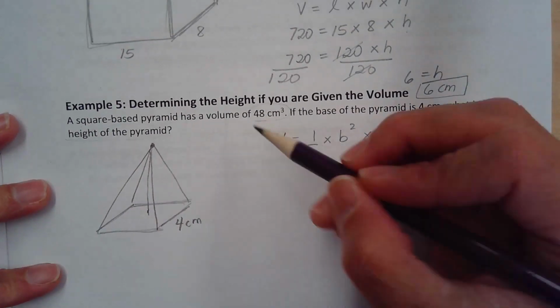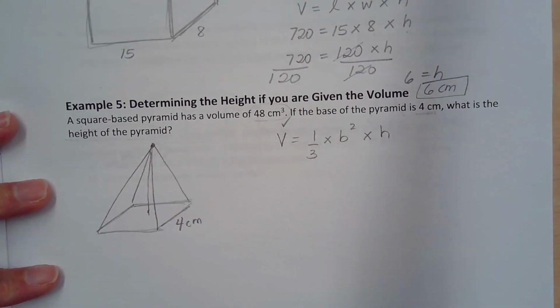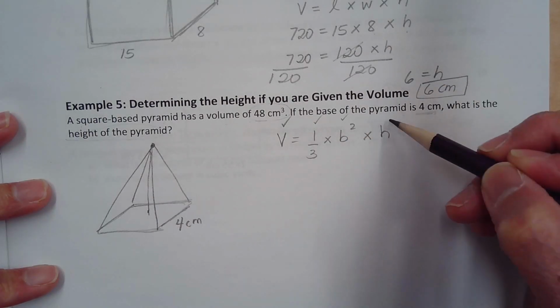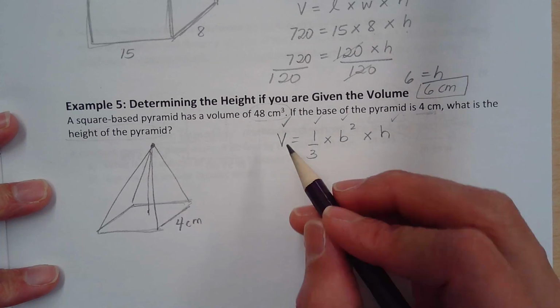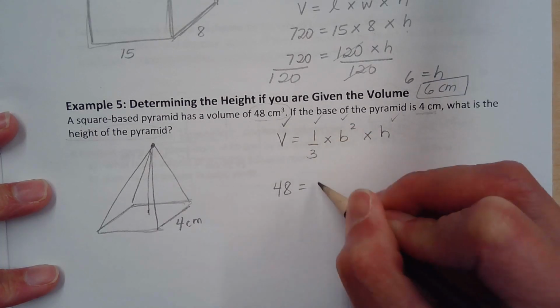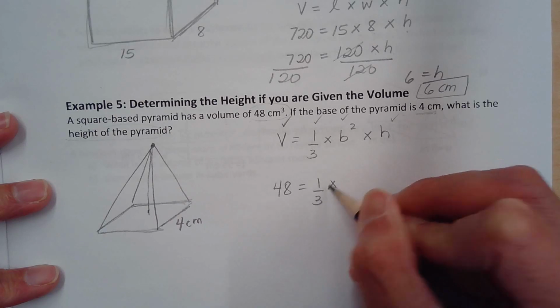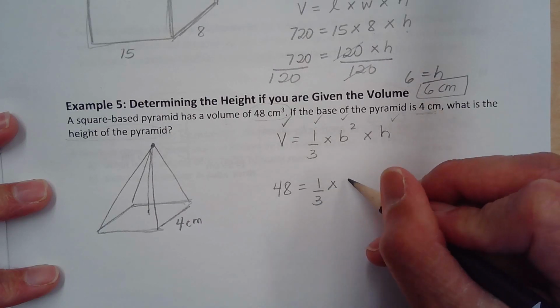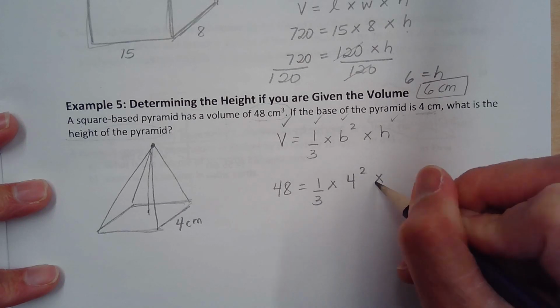So what do we know? Well, we know the V, we know the volume, we know 1/3, we know the B, we just need the H. Okay, so let's do that. 48 equals 1/3 times B squared, so that's 4 squared, times height.